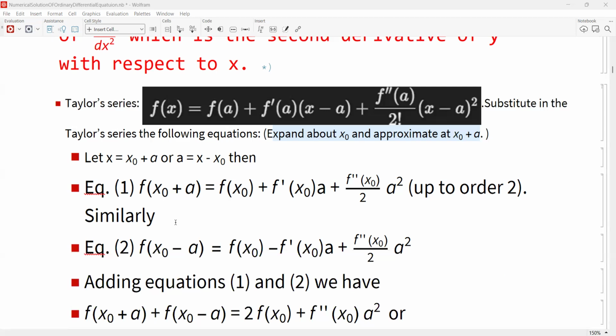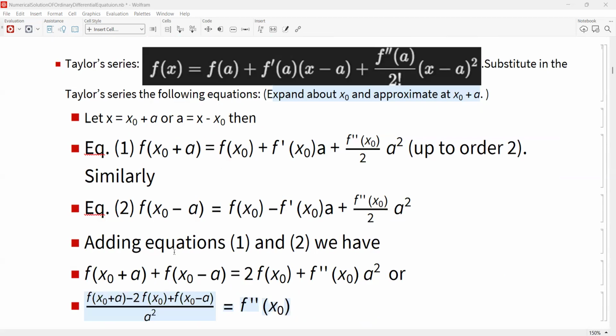Okay. So similarly, for x sub 0 minus a, we have f of x sub 0 minus f prime of x sub 0 a plus f double prime of x sub 0 over 2 times a squared.